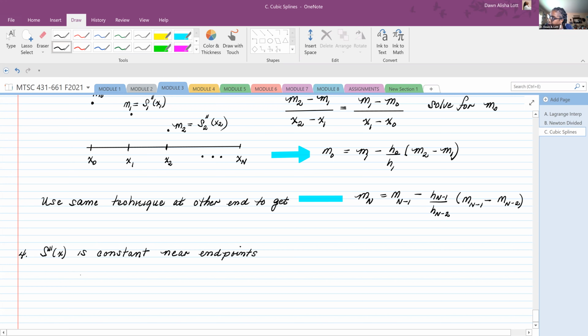And you say M naught is equal to M1 and M n is equal to M n minus 1.